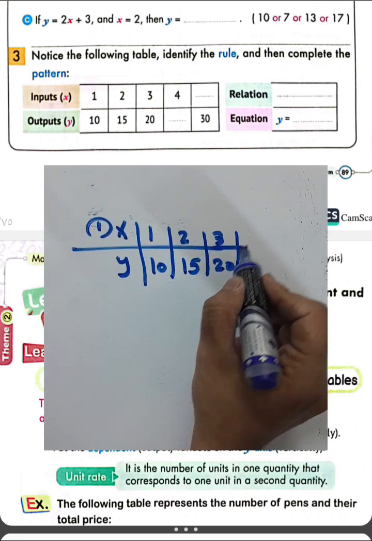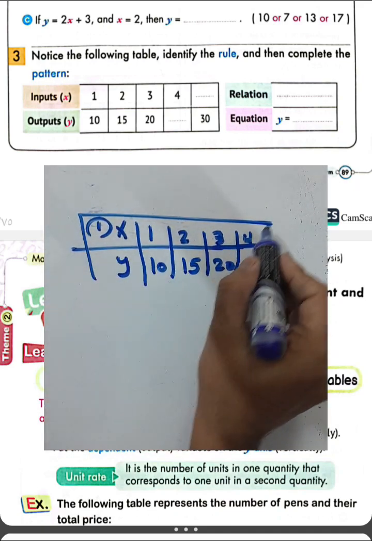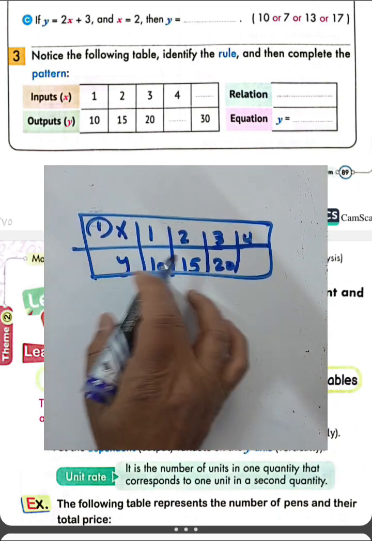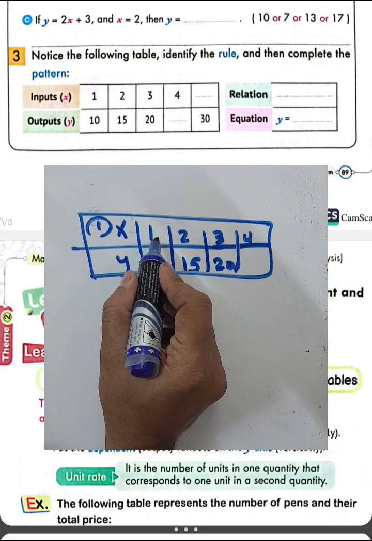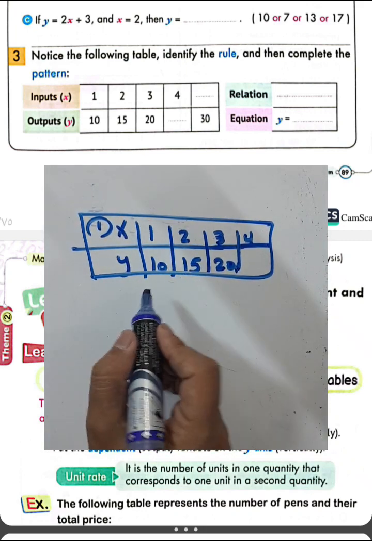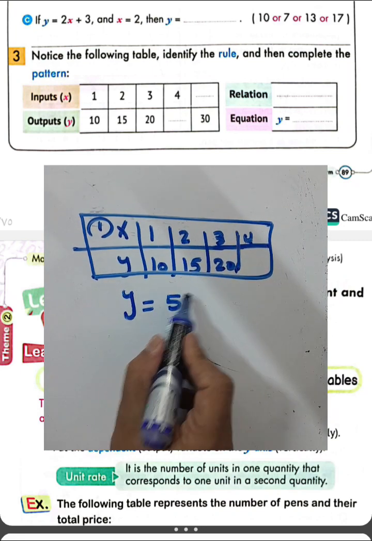What will 4 be? We want to find the relation between x and y. Think with me here. We can write 5 times x plus 5. 5 times 1 is 5, plus 5 equals 10. Then y will be 5x plus 5.